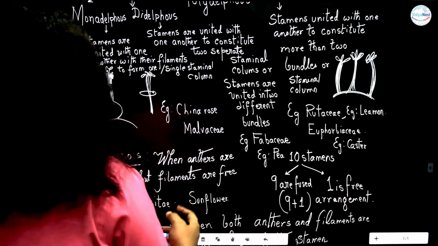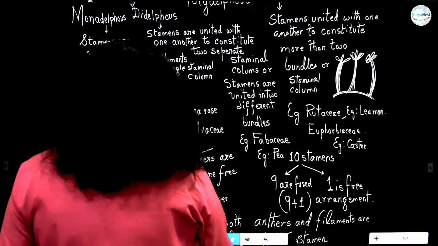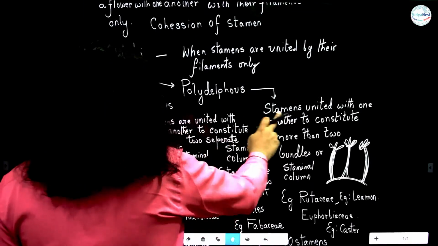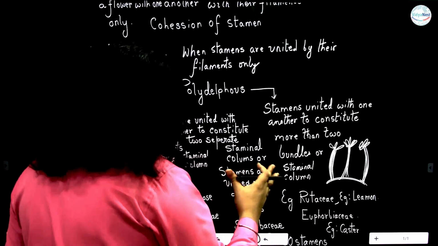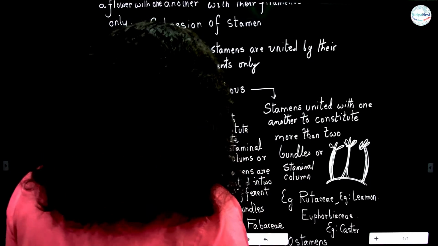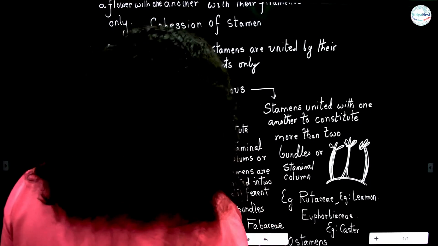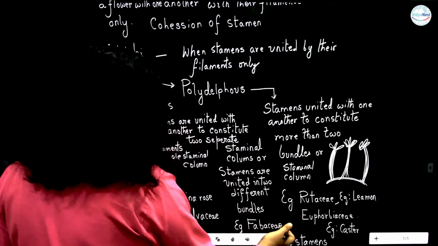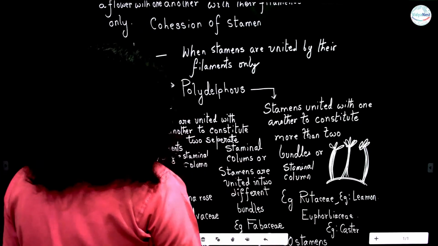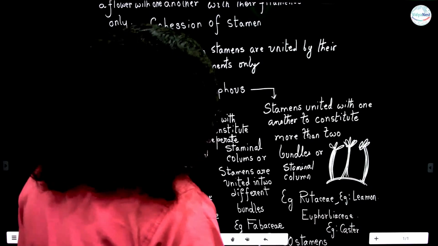Again, if we see the polyadelphous condition, there we find that so many stamens are present, and all these stamens are forming different bundles. It is common in Rutaceae and Euphorbiaceae. One of the examples is lemon and castor respectively.